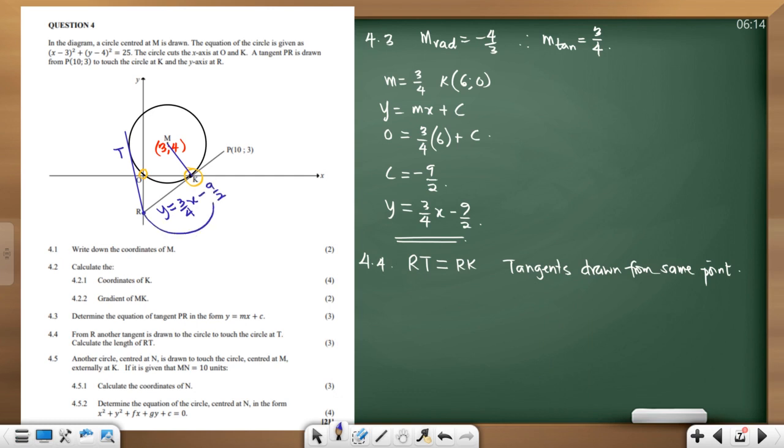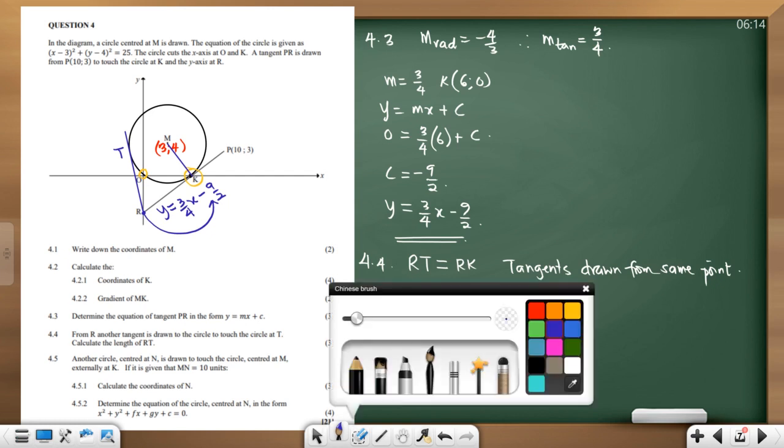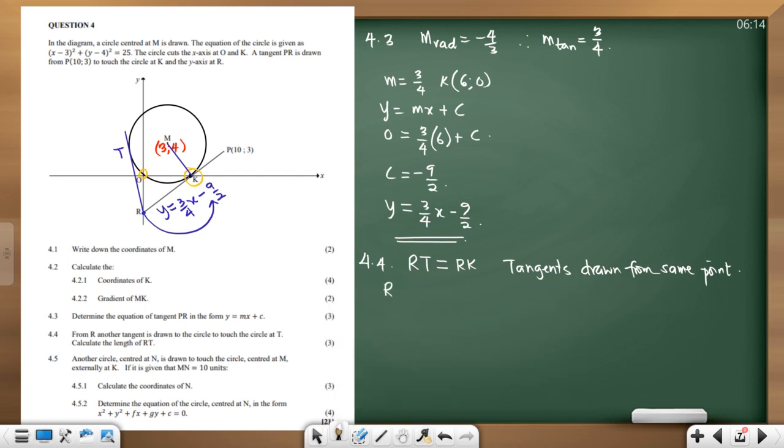That is my y-intercept. Lovely. So what is the coordinate of R? The coordinate of R, we know at that point x is 0 and y is negative 9 over 2. And we know the coordinate of K. What's the coordinate of K? x is 6 and y is 0.